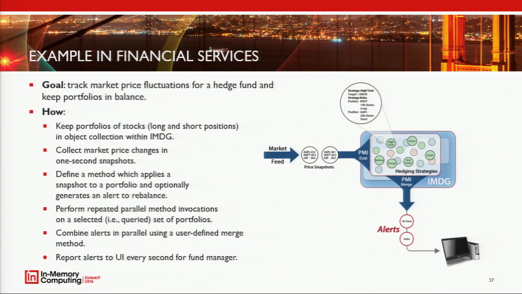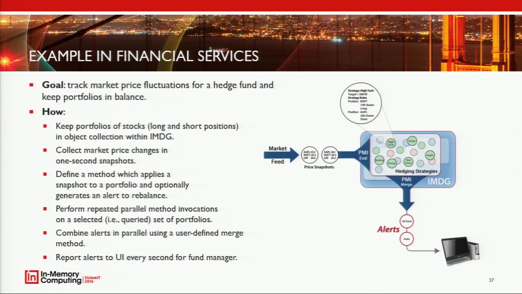In fact, right now. Here's an example in financial services. This is a real customer we have. It's a hedge fund, and they have stocks that are in portfolios. So they have a big collection in the grid. Their namespace is a collection of portfolios, or they also call them strategies, in different sectors like high-tech, real estate, automotive, whatever. In each portfolio, they have long positions and short positions.